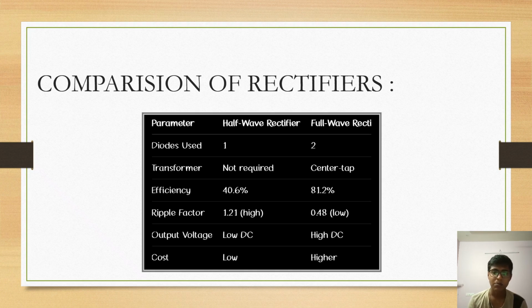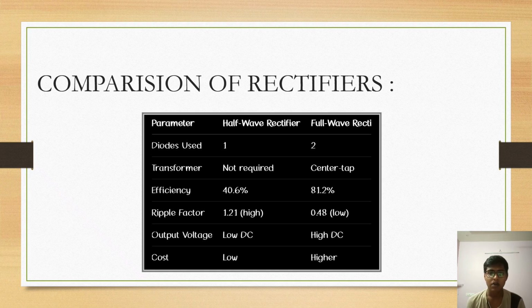Now comparing these two rectifiers across parameters like diodes, transformers, efficiency, ripple factor, output voltage, and cost. There is a bridge rectifier also, but we are not considering it because we are discussing two rectifiers only. The half wave rectifier uses one diode; the full wave rectifier uses two. The half wave rectifier needs no transformer, but the full wave needs a center tap transformer because two diodes are used.